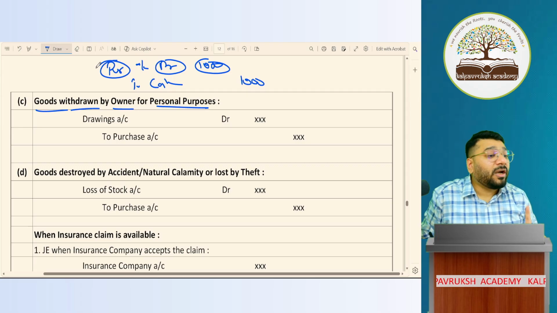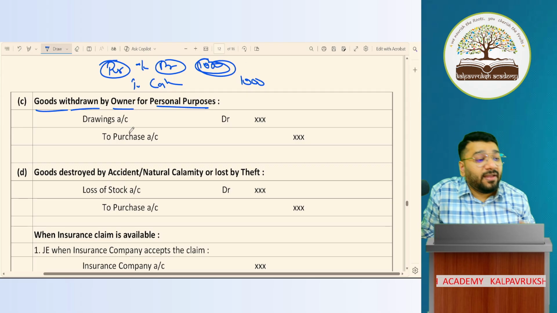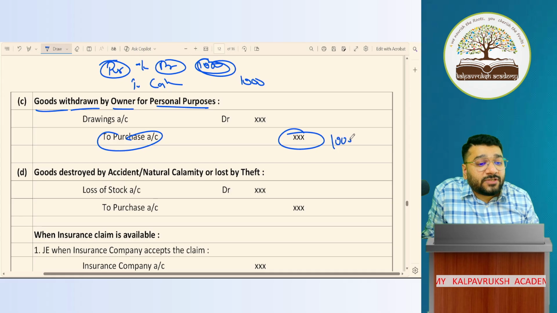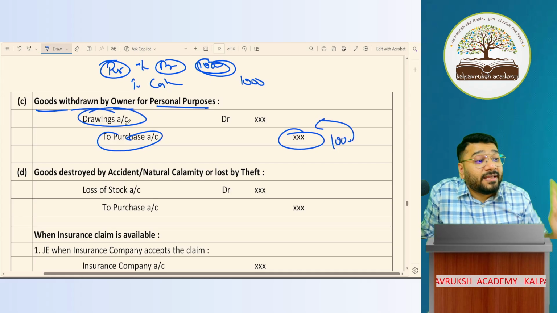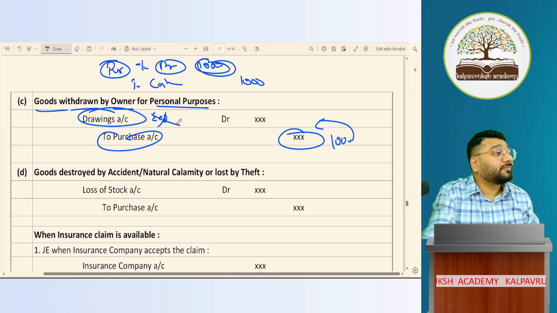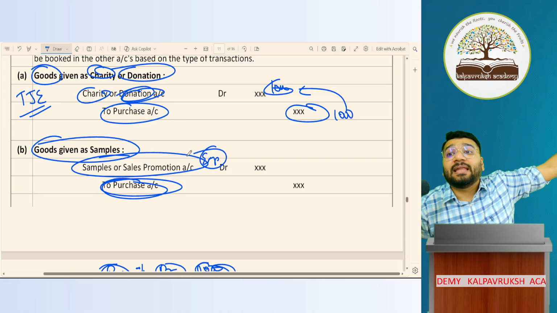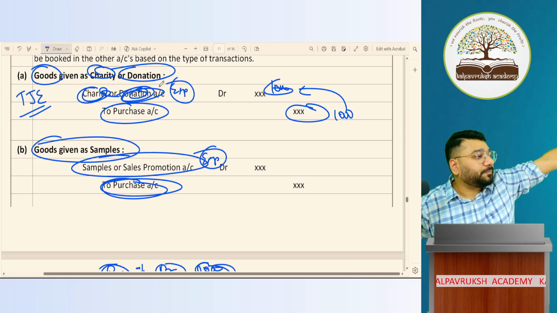Hence, what are we supposed to do? In the purchases account, where we debited, we have to reverse it by giving a credit. And this 1,000 rupees is transferred from the purchase account to the drawings account. And drawings, my dear friend, is not an expenditure, whereas a sample is an expenditure affecting the P&L account. Charity and donation is an expenditure affecting your P&L account.